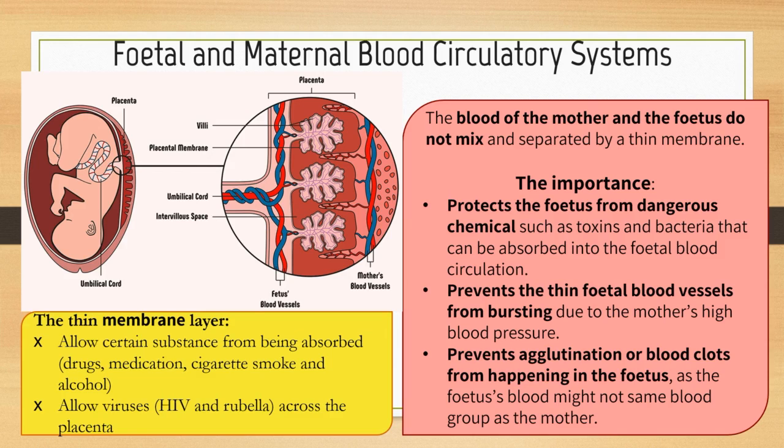And the last one is the fetal and maternal blood circulatory system, where the blood of the mother and the fetus do not mix together, because of certain importance. So I think that's all for now.